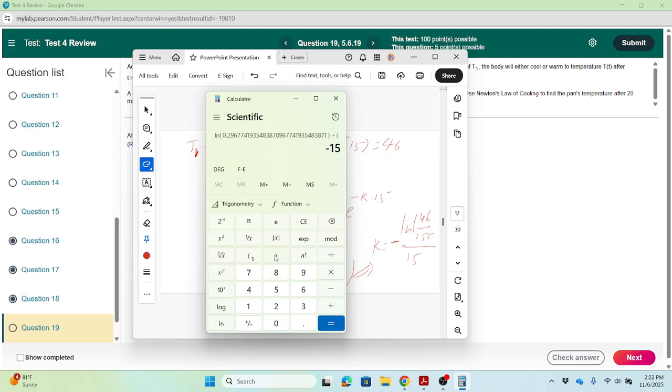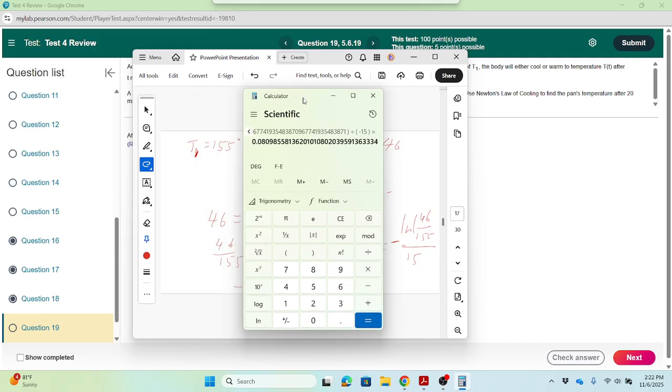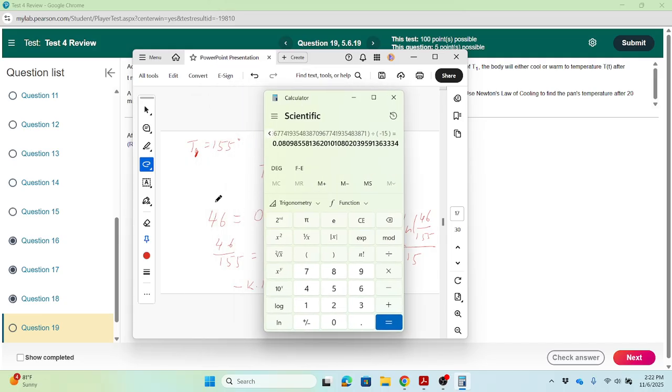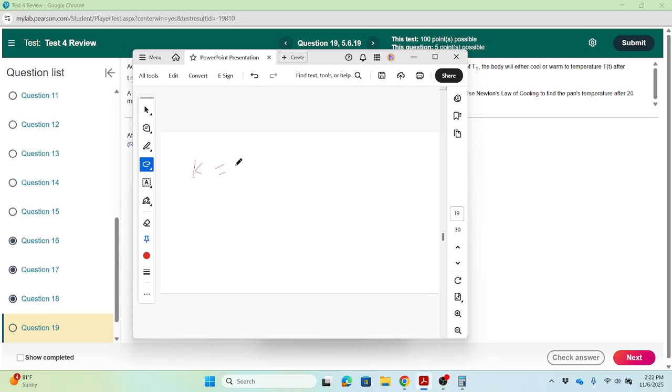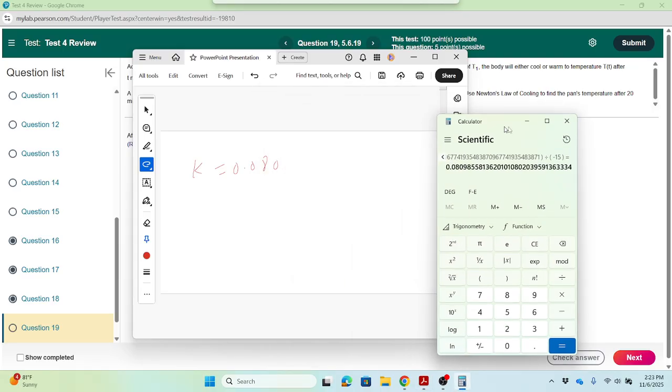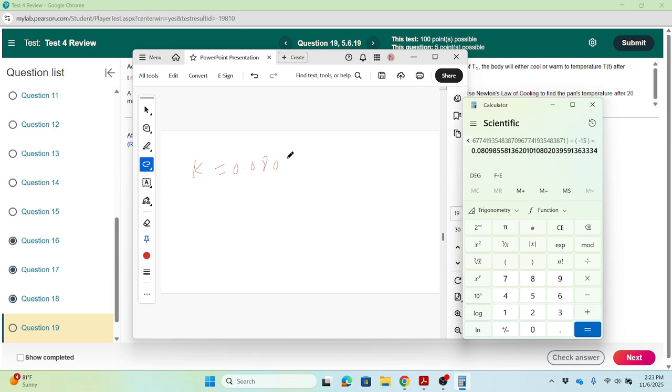So that is the value of k. What is k? This number: 0.080, and then so many different values, 985581, and it keeps going. So that's the rate.